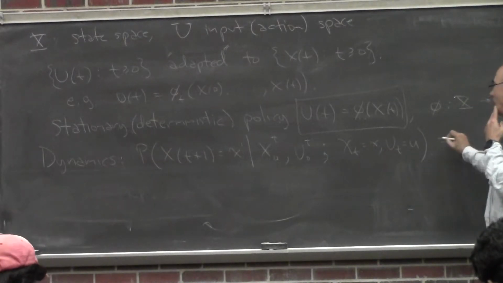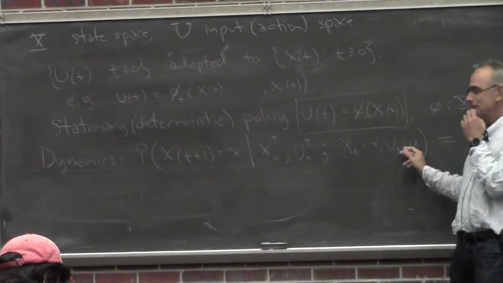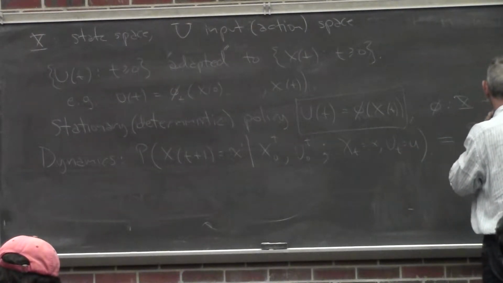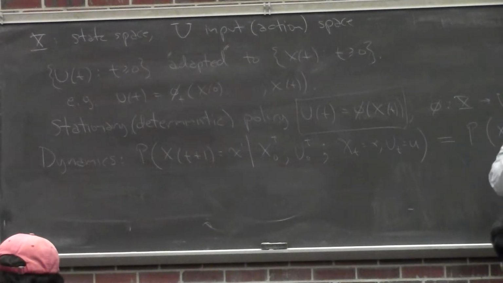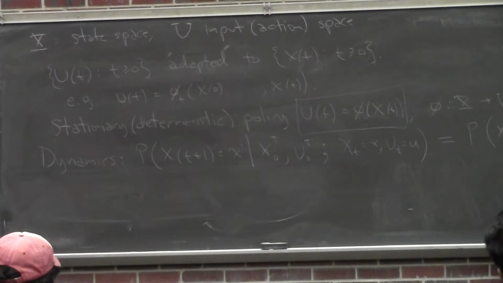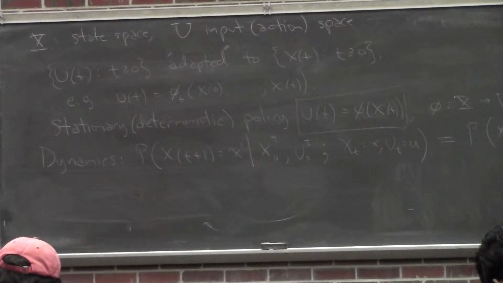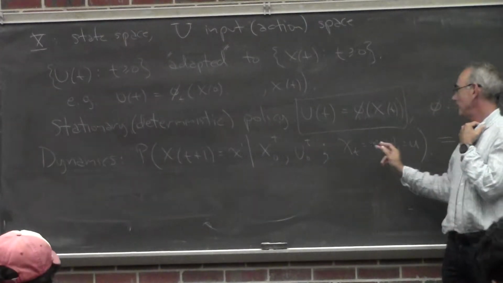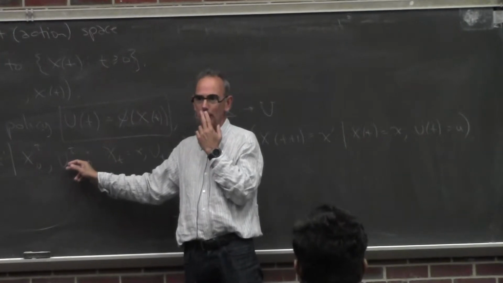This will be only a function of these two. So given the current input and the current state, I don't need the past information.